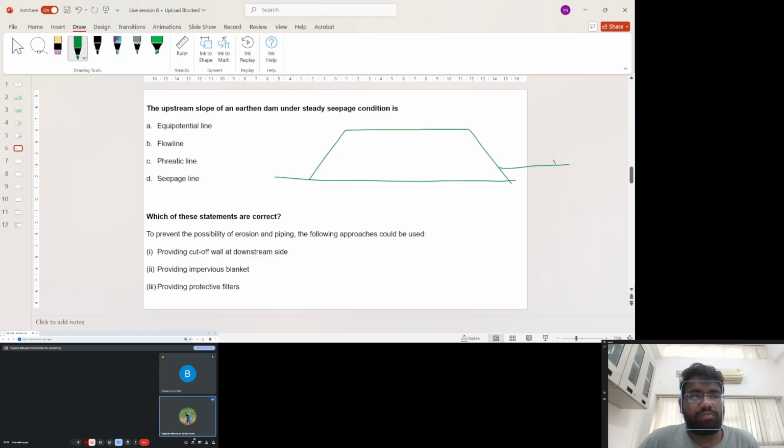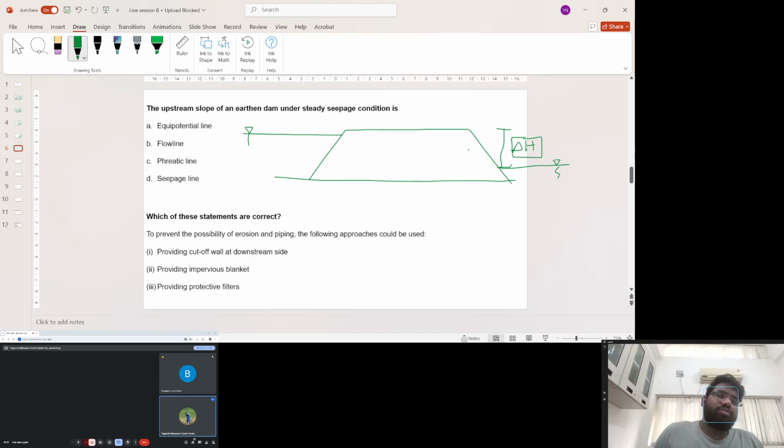This is the upstream head, the upstream water level, and this is the downstream water level. The head loss will be this much. When the head loss is maintained constant, with no change in head loss, delta H, that condition is termed steady seepage.